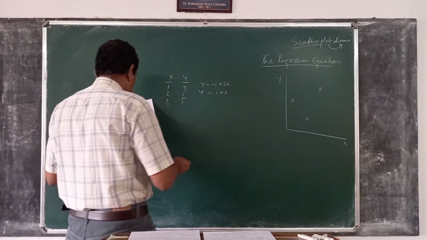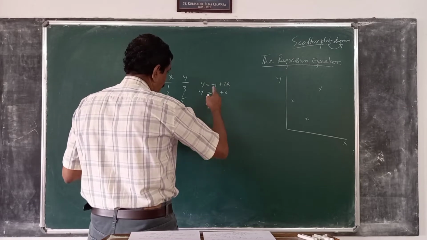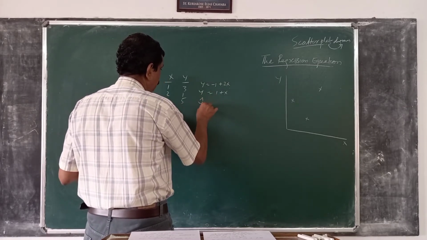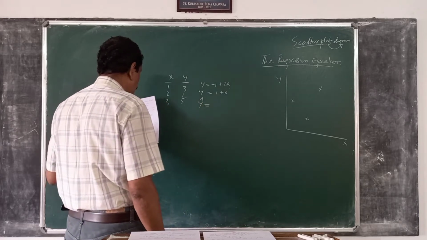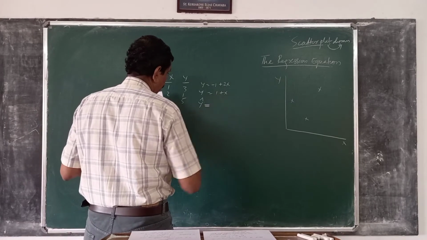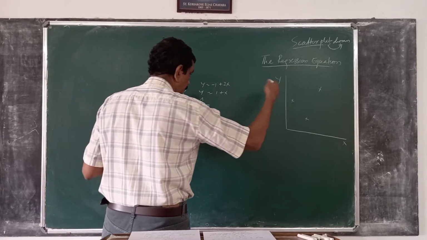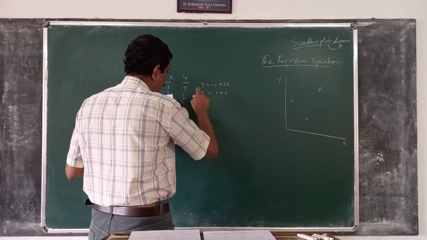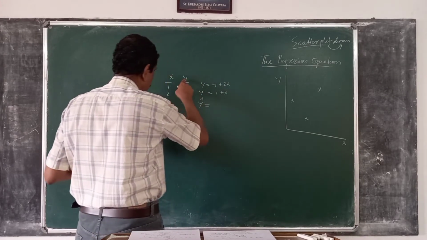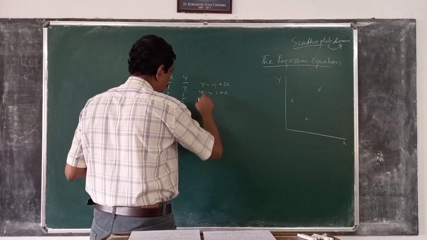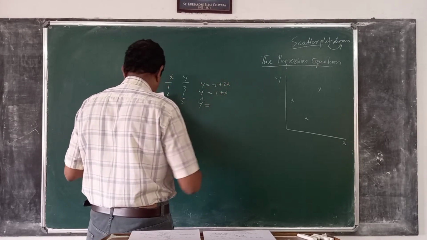And to avoid confusion, let us use the notation y hat as the values of y predicted by x, or the values of y lying on the line. And y is the actual y, that is 3, 1, 5. Y hat is the predicted value of y from the line.